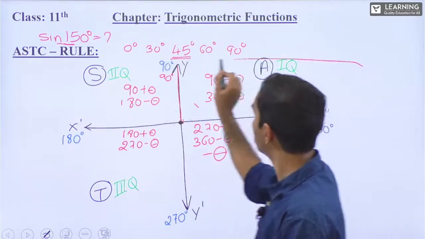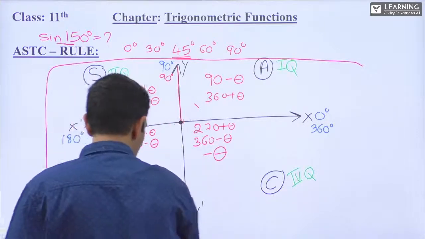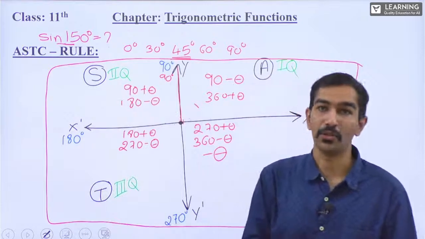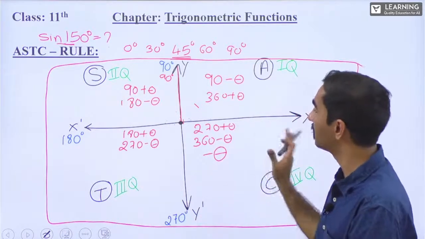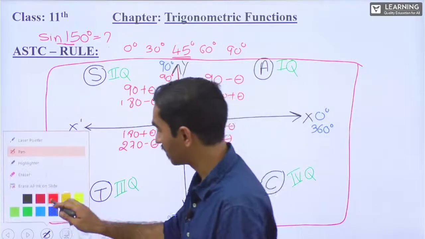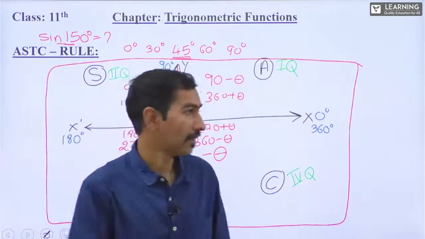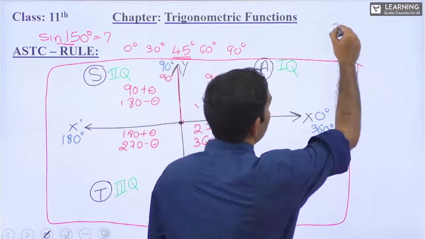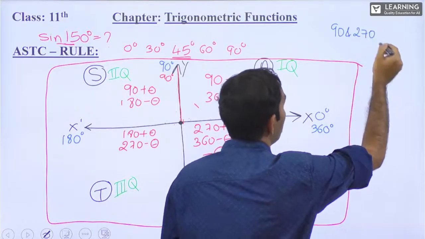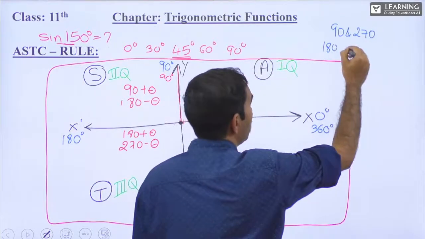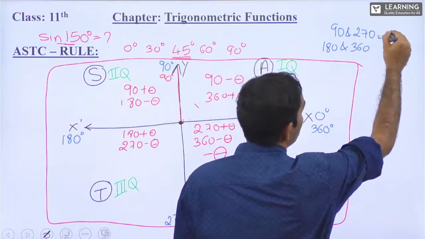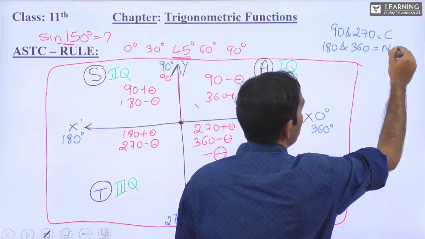Whatever you can see in this border, this complete border is the ASTC rule. So you have to memorize this. Apart from this, what else is important is, on the right-hand side I'll be writing: if you get 90 and 270, and 180 and 360, here we'll write C and here we'll write EMC.